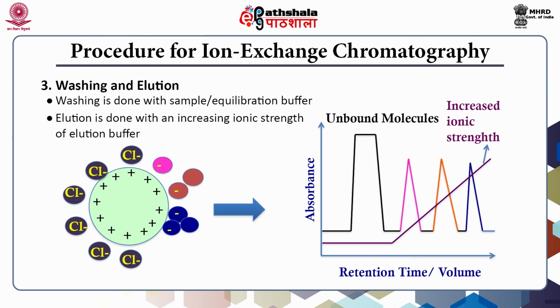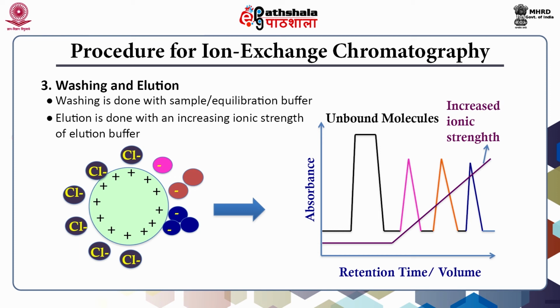That is why the pink peak is the first sharp peak coming out of the column based upon its charges. And the second peak, the brown one, is coming next based upon the number of charges present on its surface.